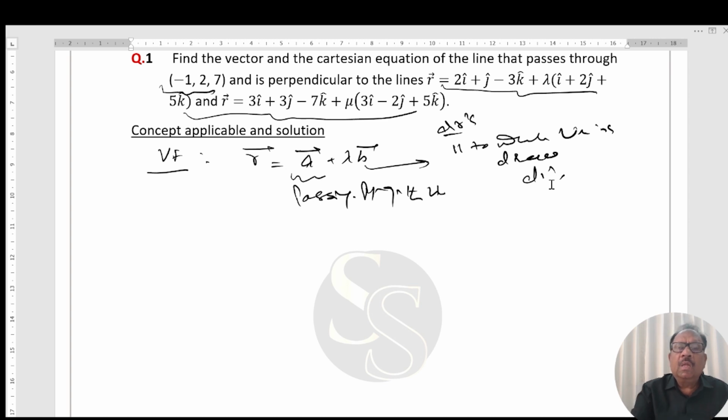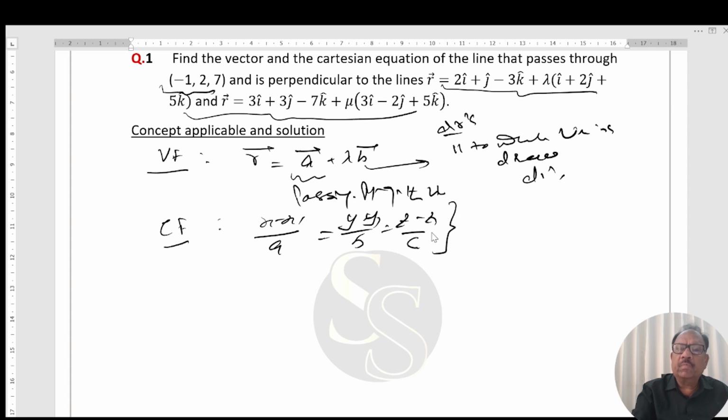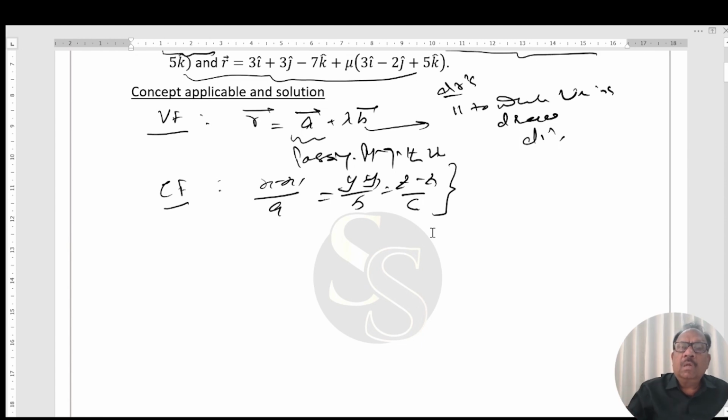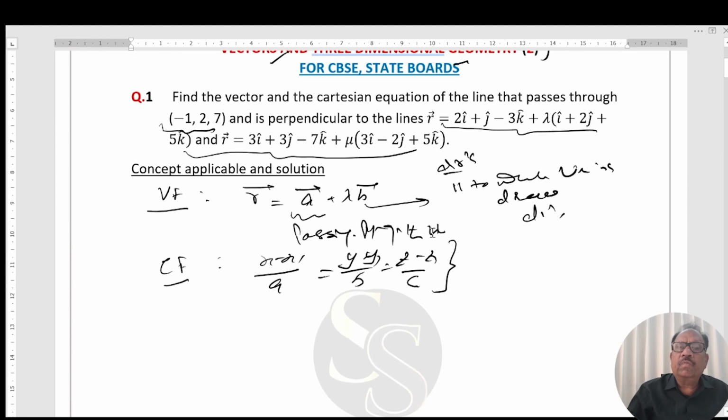And Cartesian form is (x minus x1) upon a, (y minus y1) upon b, equal to (z minus z1) upon c. In this case, we have to find the vector and Cartesian equation of the line.